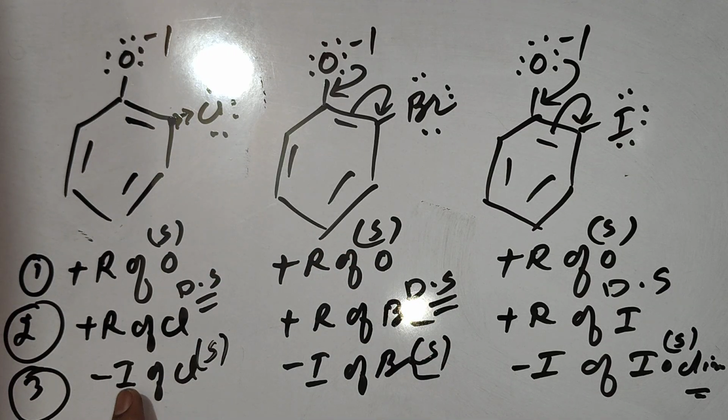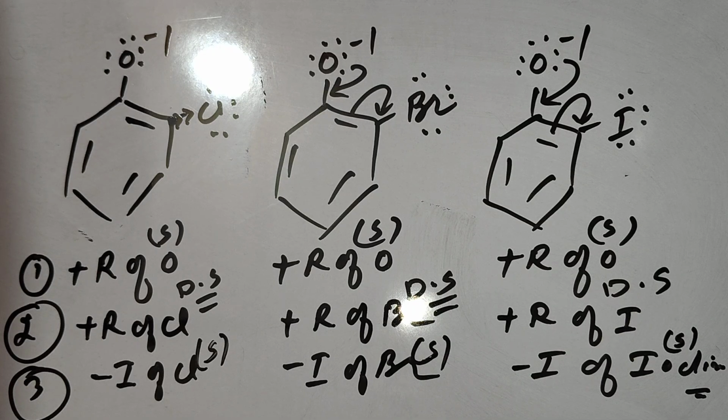Minus I is saying stabilize it, means the two factors are opposite of each other. One is saying destabilize the anion, one is saying stabilize the anion. Who will win? The powerful personality will win. The powerful factor will dominate here.